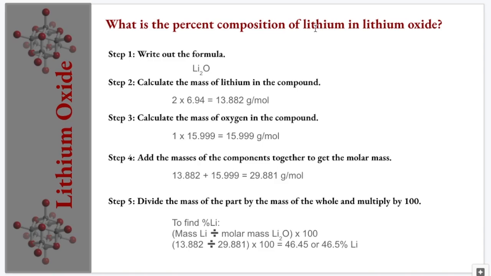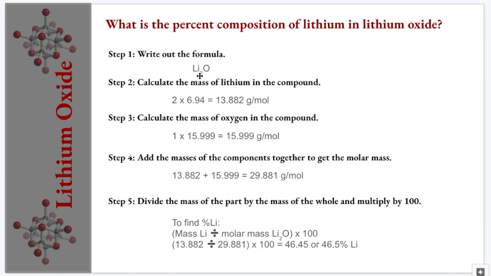So first, we're just going to find the molar mass of the entire chemical formula, which we've practiced in previous lessons. So first we're going to write out the formula, Li2O, and then we're going to calculate the mass of lithium and the mass of oxygen. Remember, to calculate the mass, we're going to first count how many of that element we have in the formula.